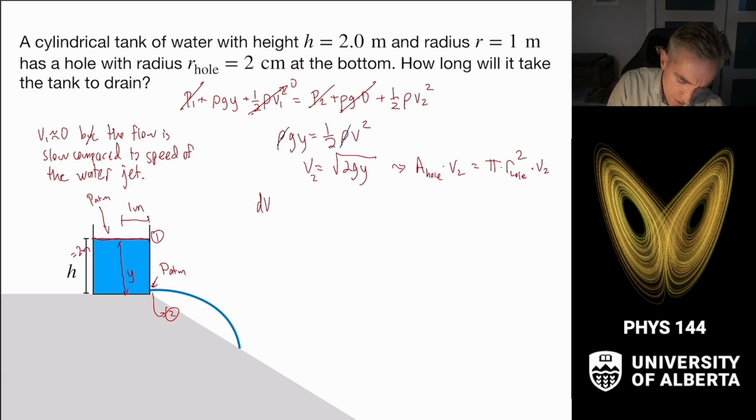So we know dV by dt of the tank, of the water in the tank, is going to be equal to pi R hole squared times V2. Now the volume in the tank, d by dt, is just going to be pi times R tank squared times the height of the water.